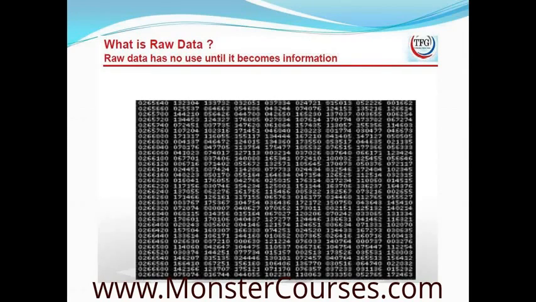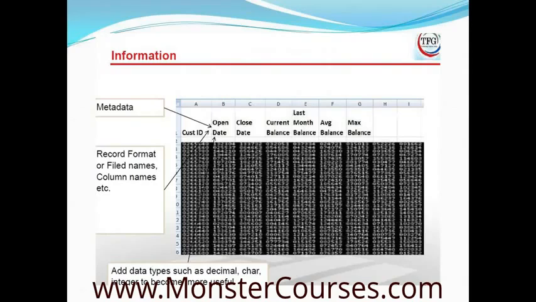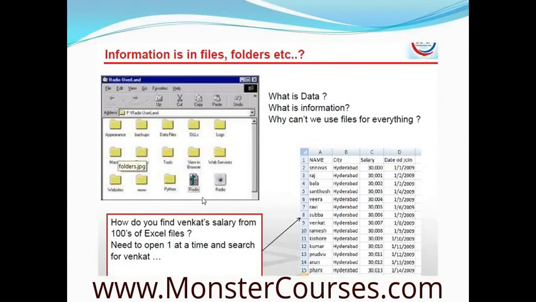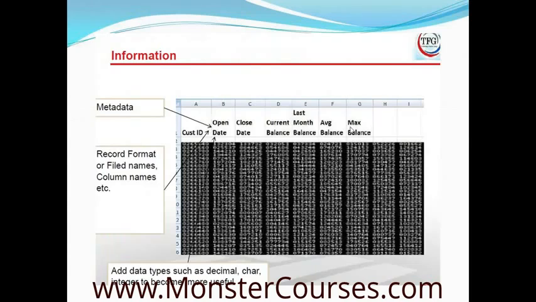This is the normal data we will be seeing in files. By seeing this, we cannot understand what this data is. What we need to do is change it into information. We can change it by giving the column names, and it will become information. We will be calling this the metadata. I think you know about metadata: data about the data.